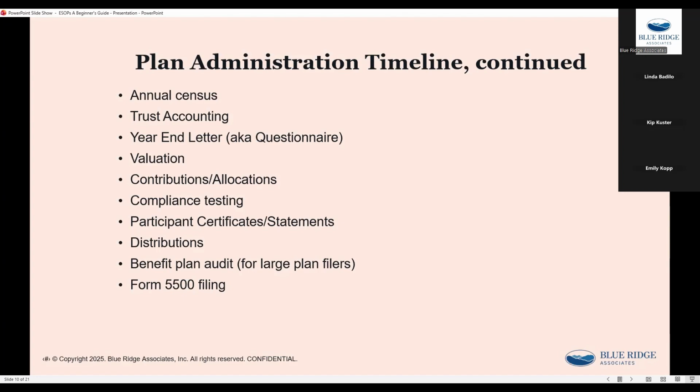And the reason for this is to avoid any kind of surprises that might come up after the work that the TPA has done from coming up, from having to be revised.